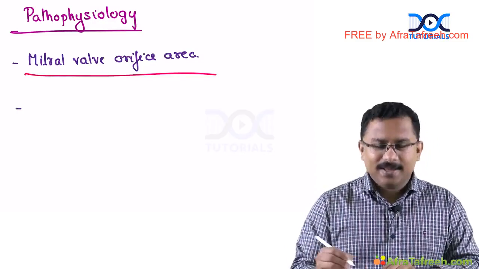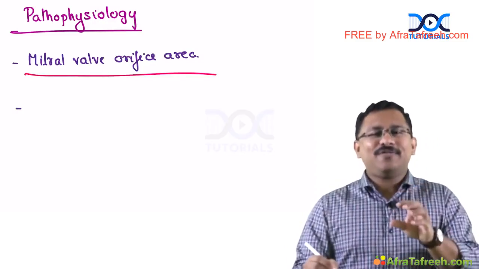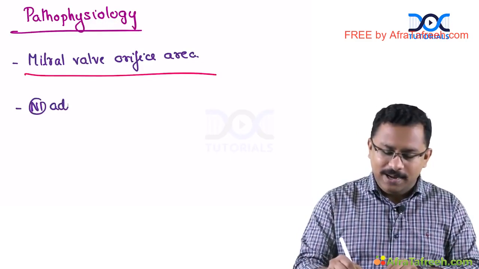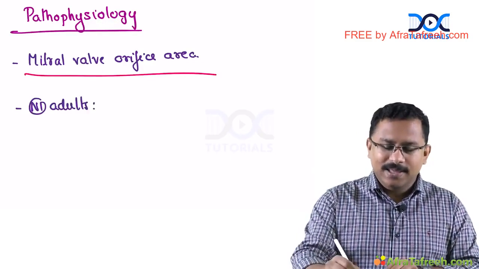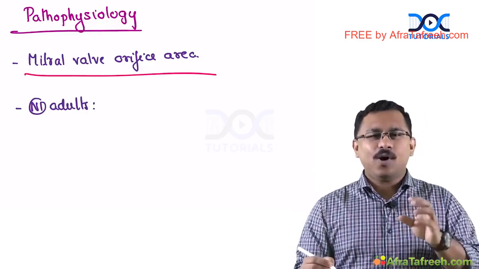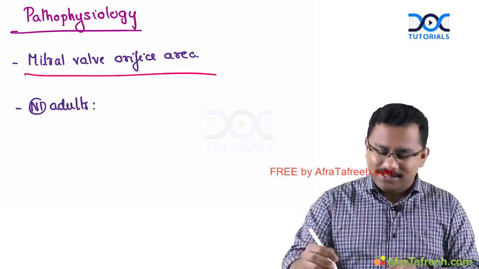All right. Now, when you talk of normal adults, the mitral valve orifice area is around 4 to 6 centimeters square.